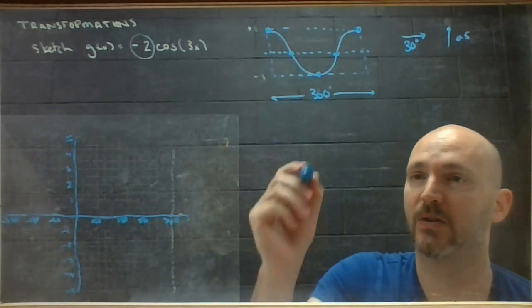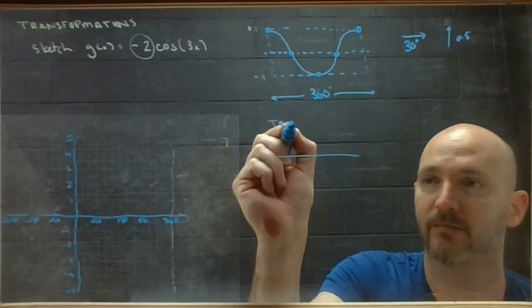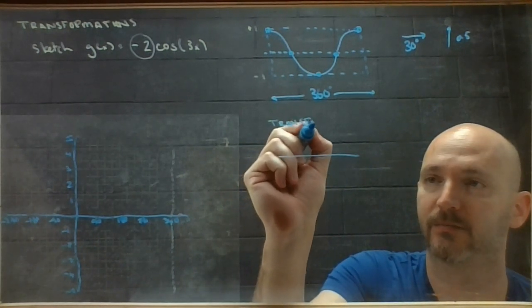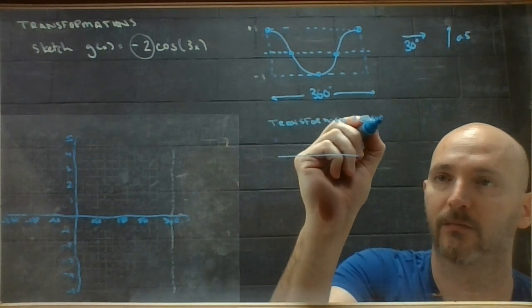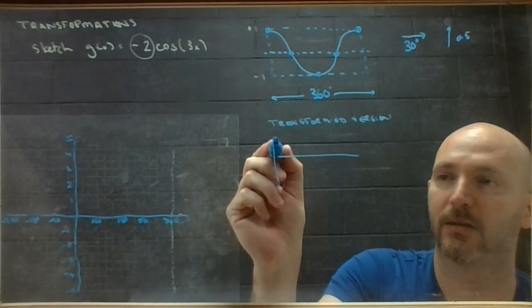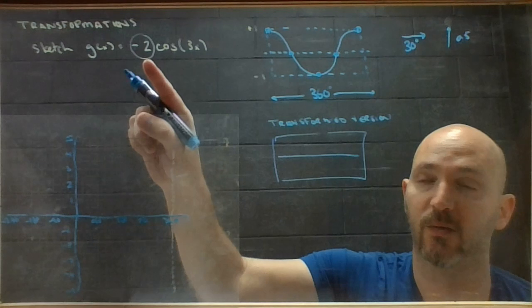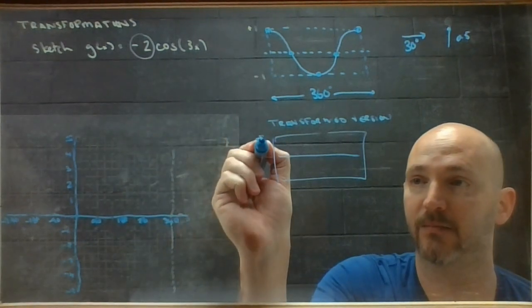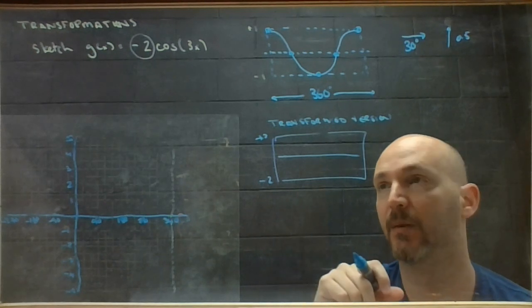Well, first, this is the transformed version. That rectangle won't be 1 up and 1 down anymore. It will be 2 up and 2 down, because its height has been doubled.